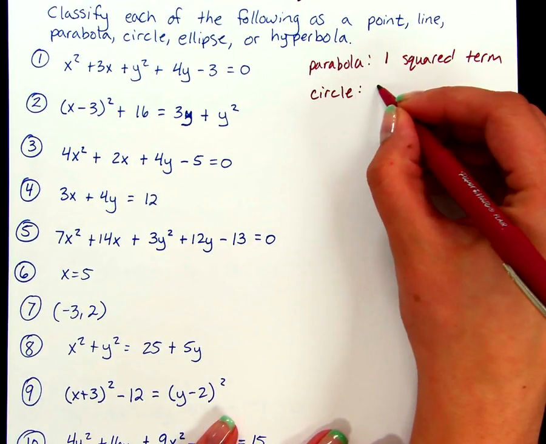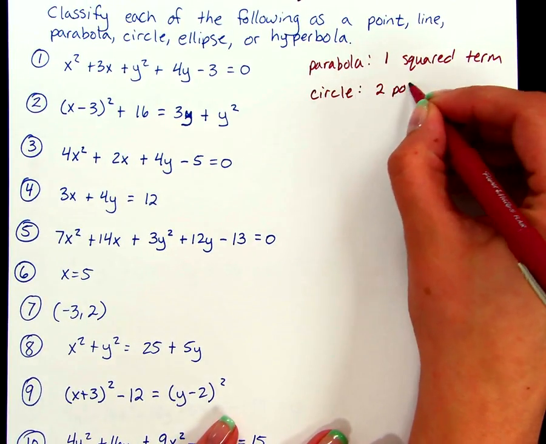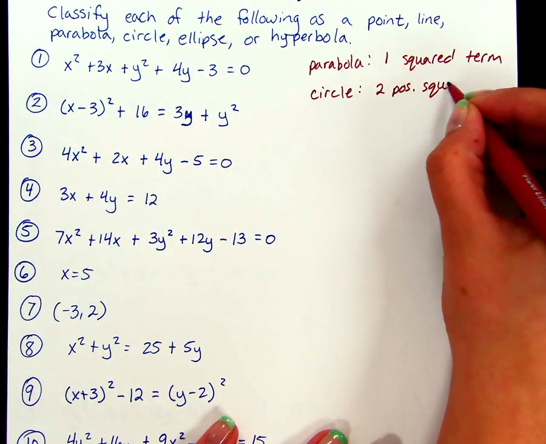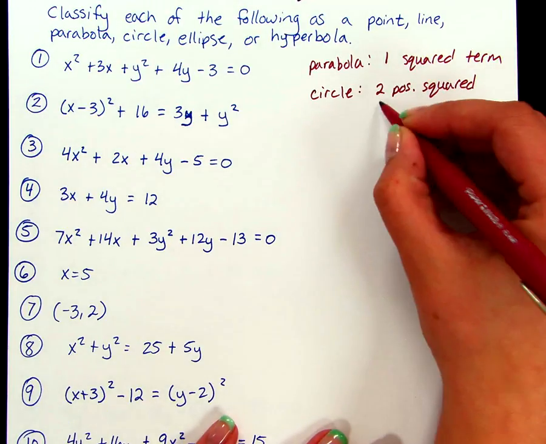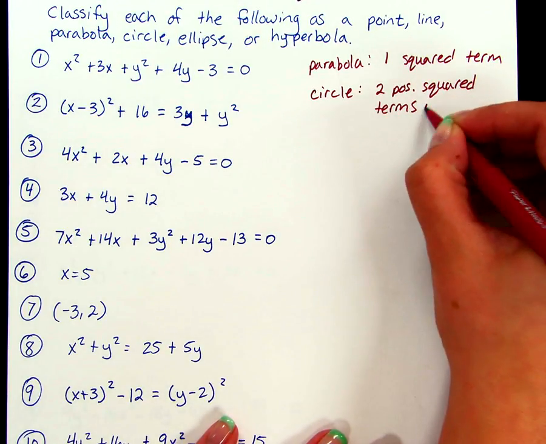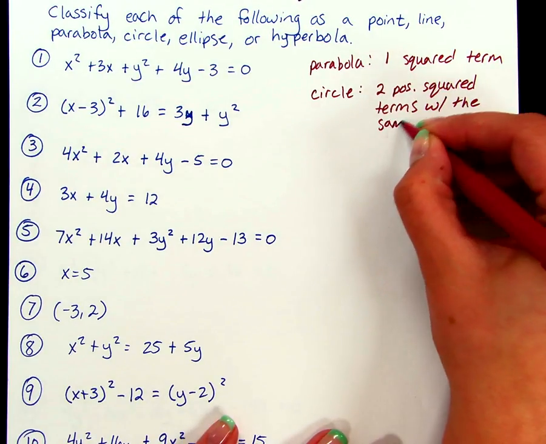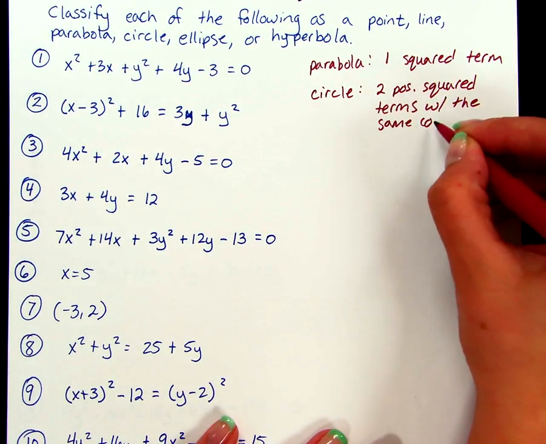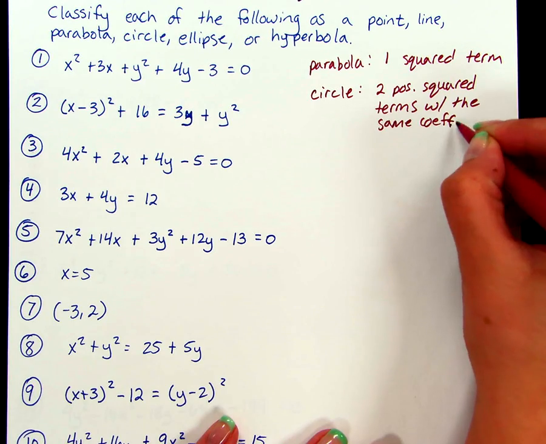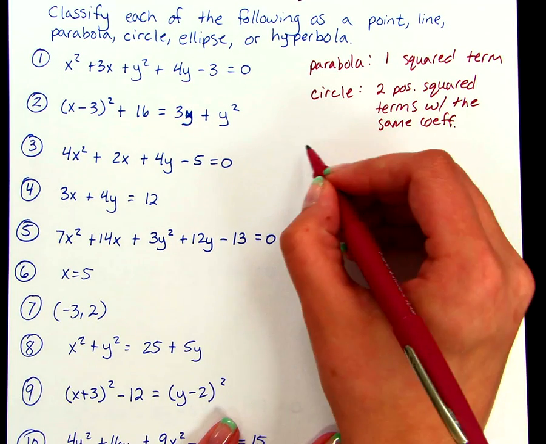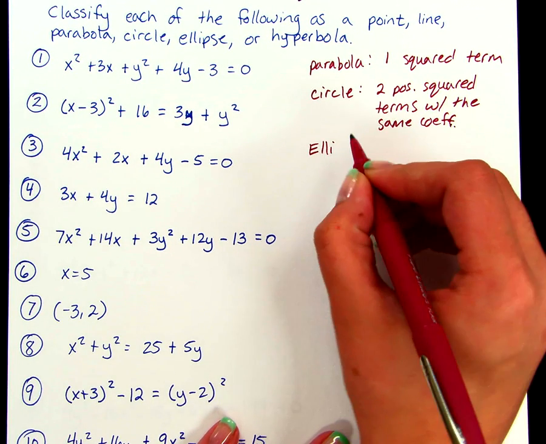we're going to have two positive squared terms with the same coefficients. Okay. For the ellipse, same idea.